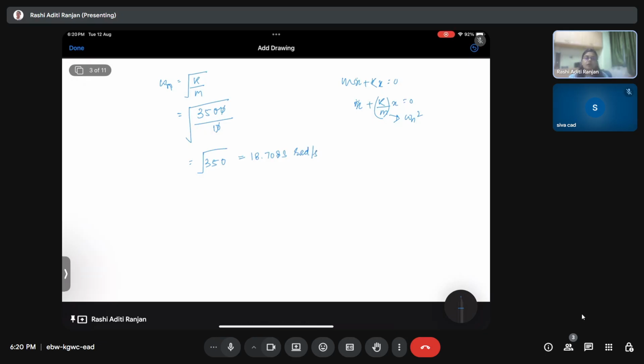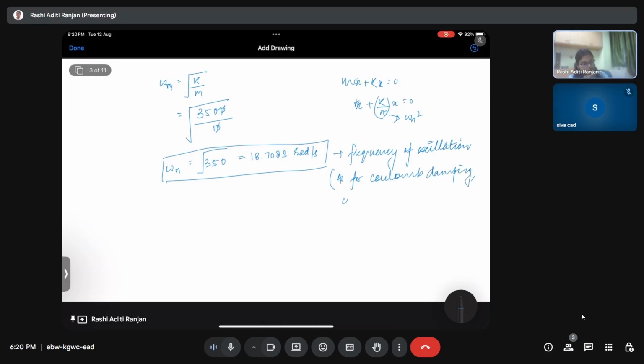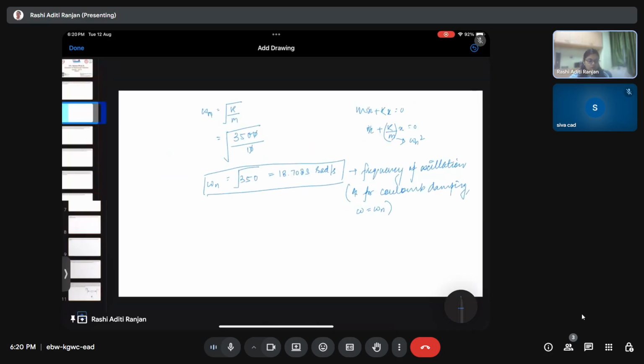Okay, so this is going to be the natural frequency of the system, which will also be equal to the frequency of oscillation, as for Coulomb, omega is equal to omega n. Okay, so this was the question.